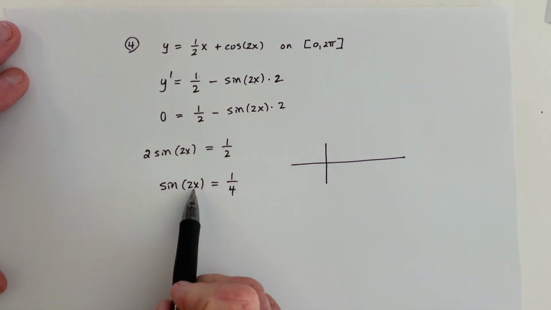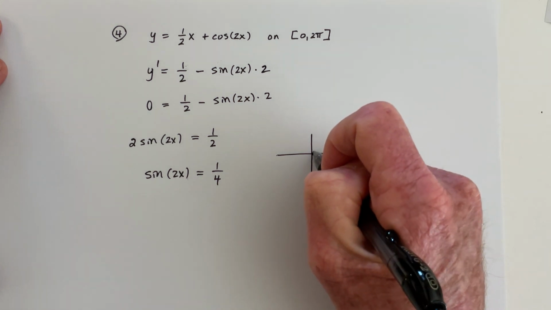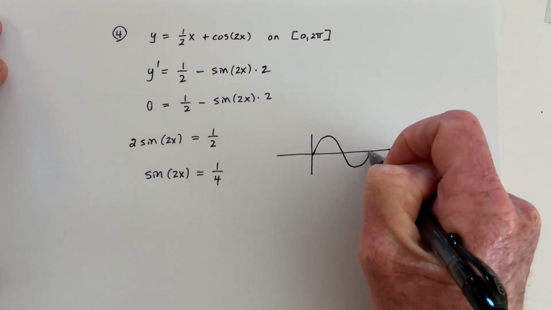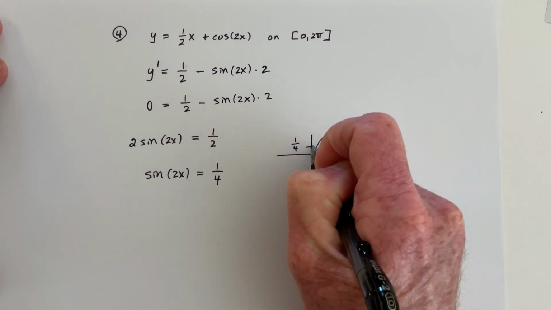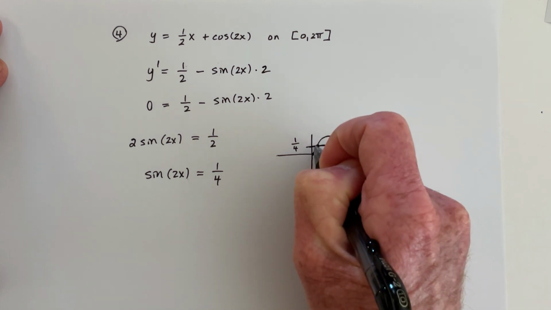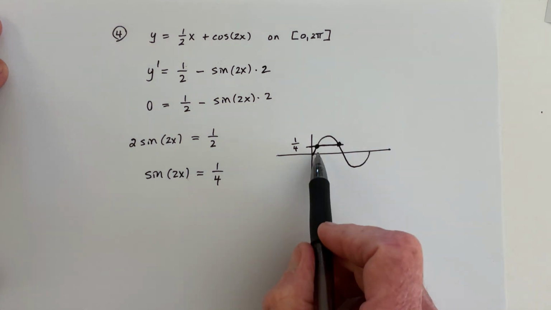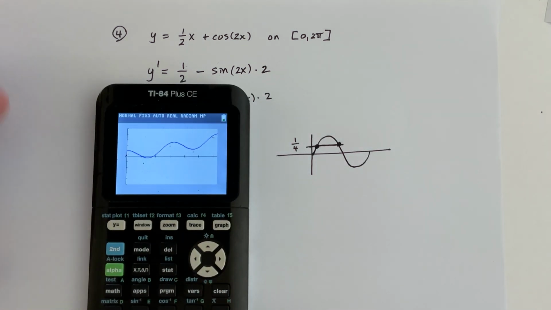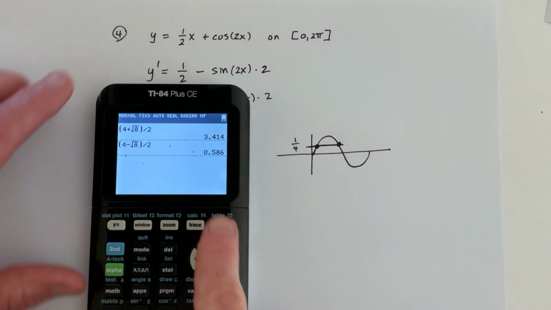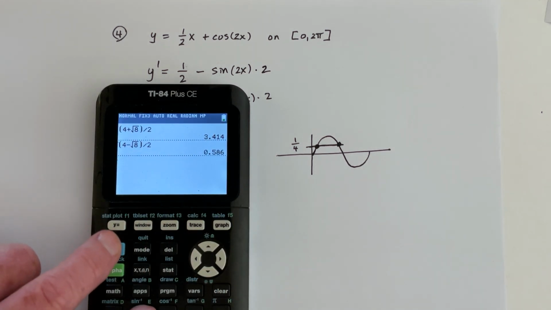So this is basically saying if you look at the sine function and ignore the 2x for a moment, the sine function looks like this. And then when does that equal 1/4? If you make a line go straight across, there are going to be 2 answers. To get this first answer, you just do sine inverse of 1/4. What is sine inverse of 1/4?